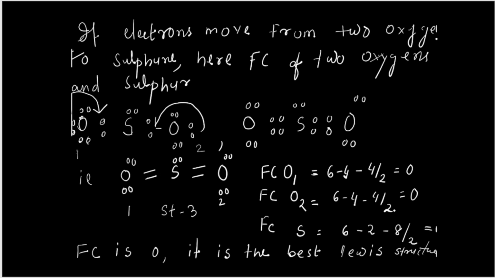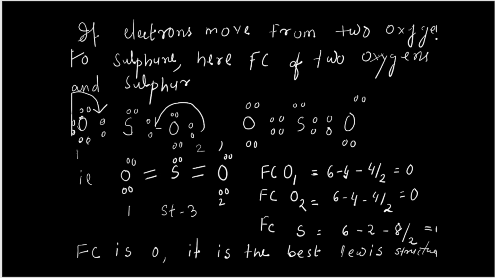When you see the sulfur, see what happened? Valence electron 4, and non-bonding electrons, these 2, and how many bonding electrons? Because there are 4 bonds, 1 bond having 2 electrons, that is why you can see 8 bonding electrons. So 8 by 2, that is 4.